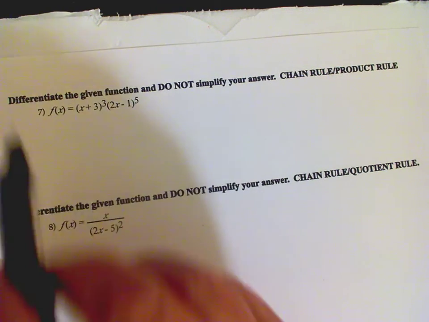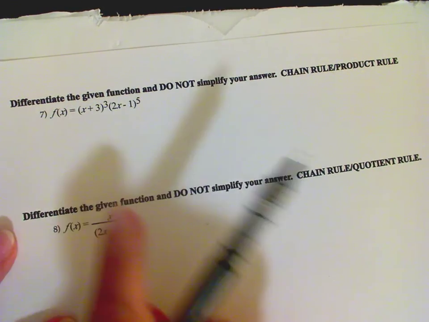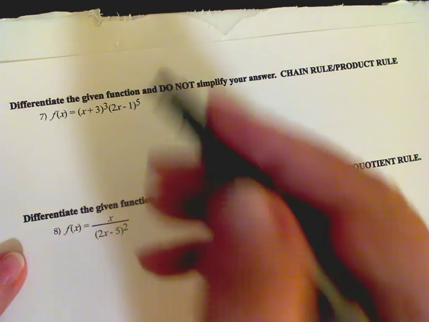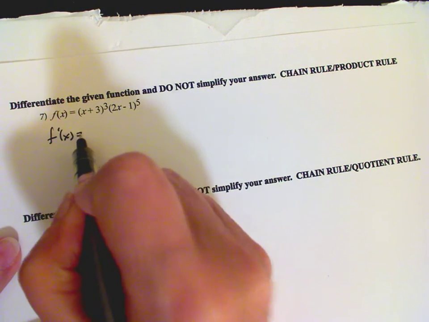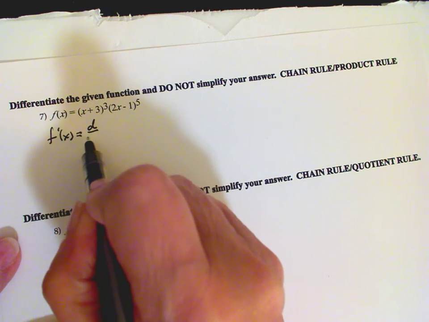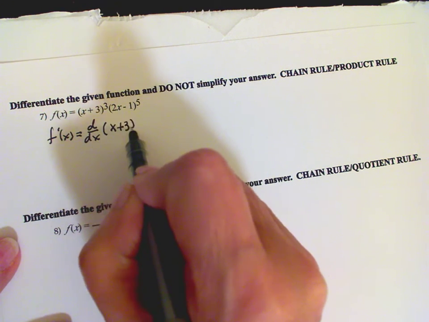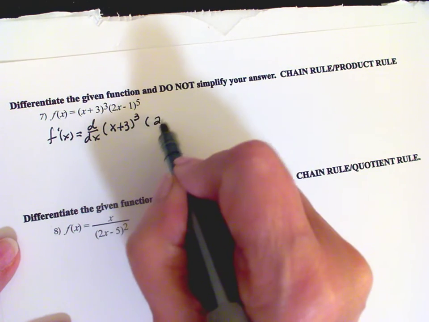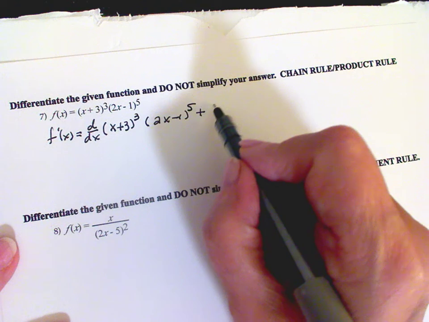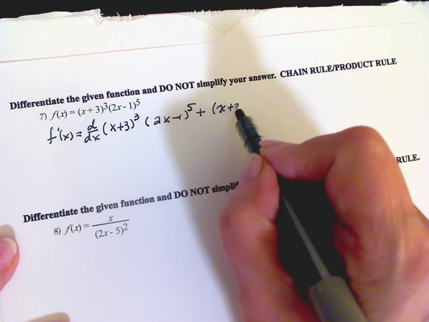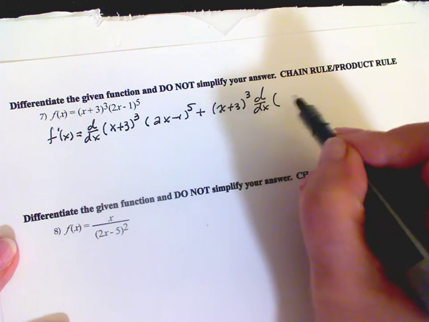Page 2 says differentiate the given function and do not simplify your answer. This is chain rule, product rule. So what is f prime of x? Well, it's the derivative of the first times the second plus the first times the derivative of the second.